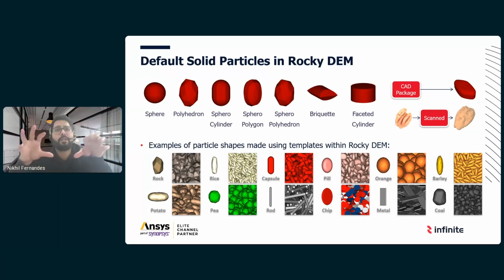With these unique shapes built into Rocky, you can customize them to make them look like a barley, orange, chip, capsule, rice, potato, and so on. And we can also use an STL file of a complex shape and include that within Rocky itself.